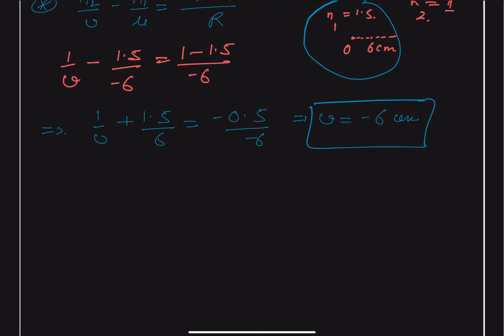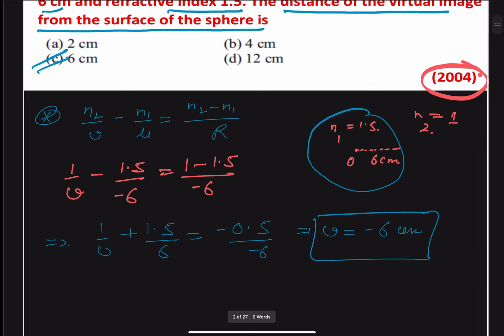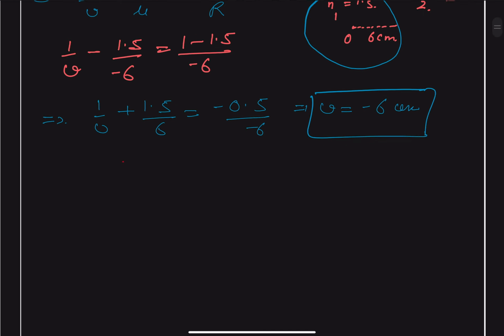So this is our answer: the virtual image is at 6 centimeter. Option C is correct. Next question.